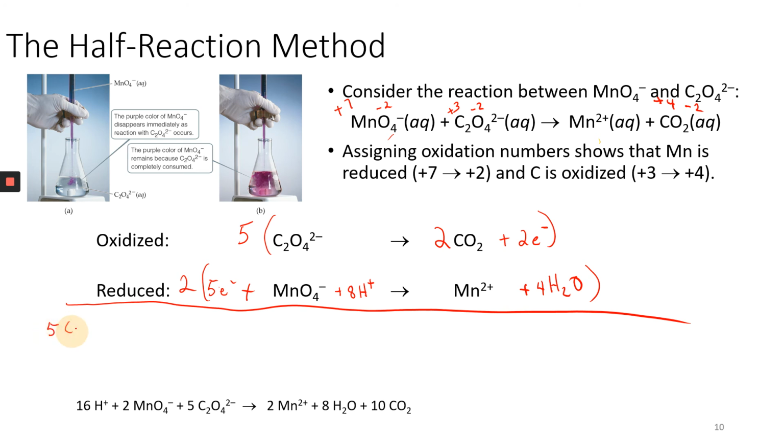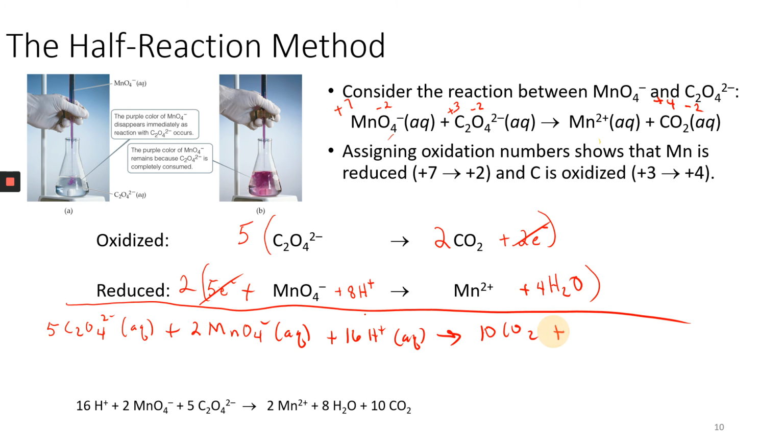So 5 C2O4 2-. And now is when you could write the states again. Plus, I'm not going to write my 10 electrons because they're going to go away. 2 MnO4- (aq) plus 2 times 8 is 16 H+ (aq). 5 times 2 is 10 CO2 plus 2 times 1 is 2 Mn2+ plus 2 times 4 is 8 waters.